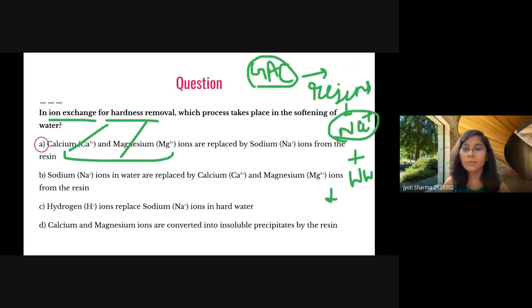So at last we get calcium and magnesium with the resin, right? And then this Na will react with something I will show you in the next slide. This is how we remove calcium and magnesium by exchanging ions. We are exchanging calcium and magnesium with the sodium ion. That's why this is ion exchange.